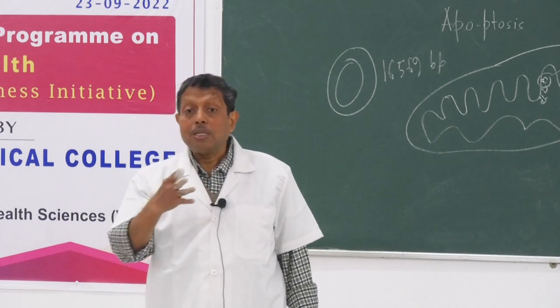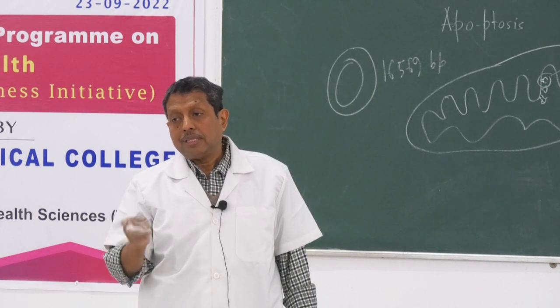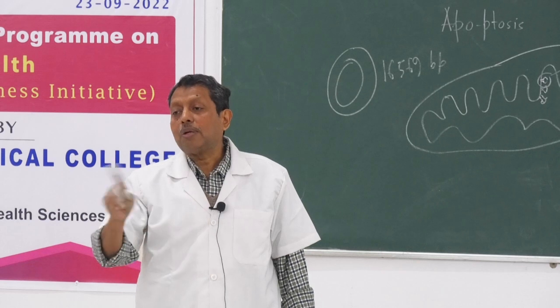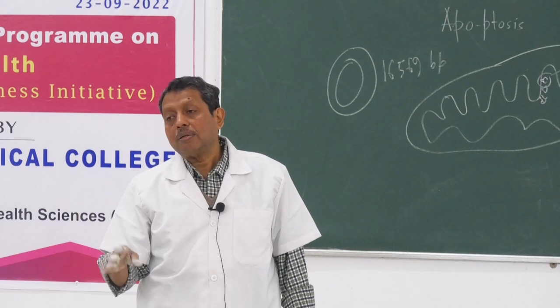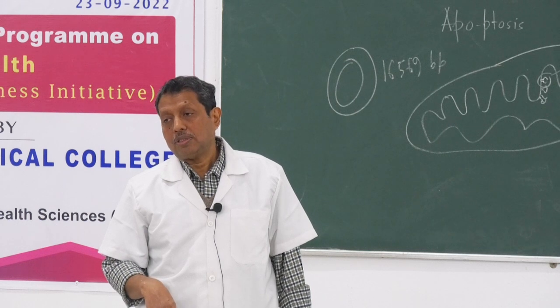In the development of the reproductive system, the genital ducts, male and female, initially have both components, and in the respective sexes the opposite genital ducts are removed by the process of apoptosis.